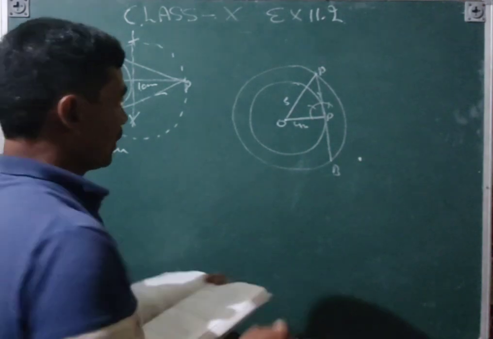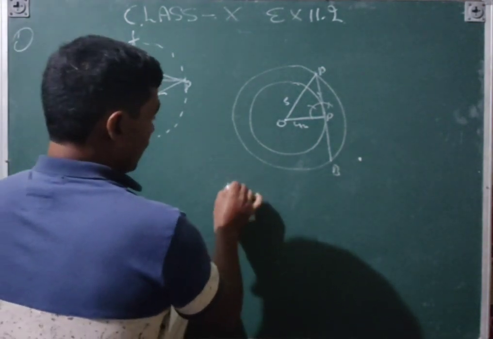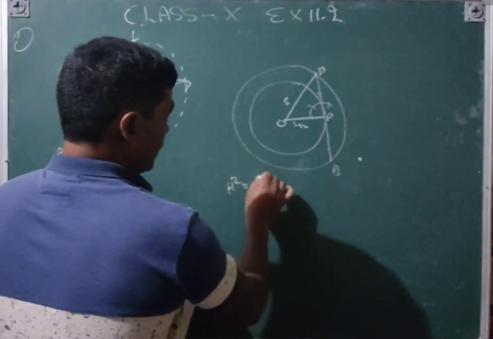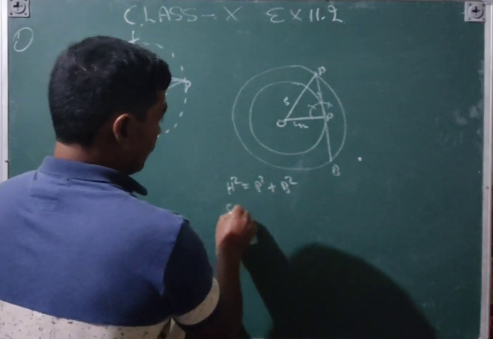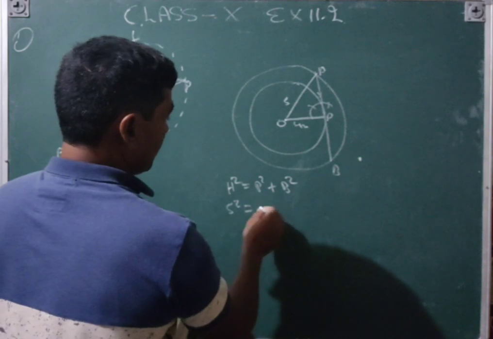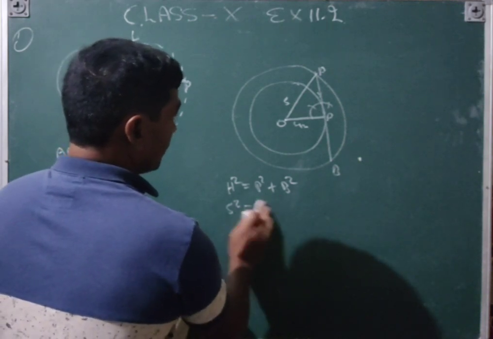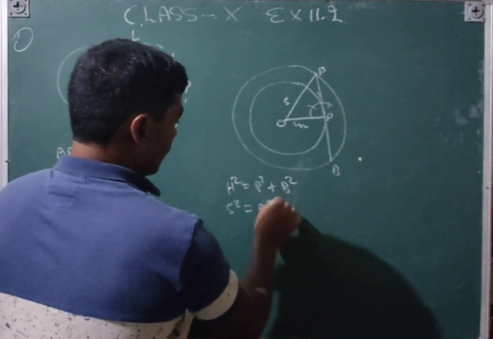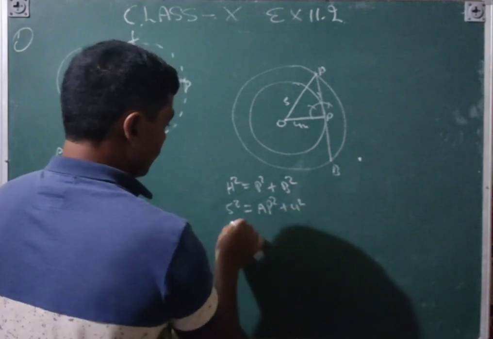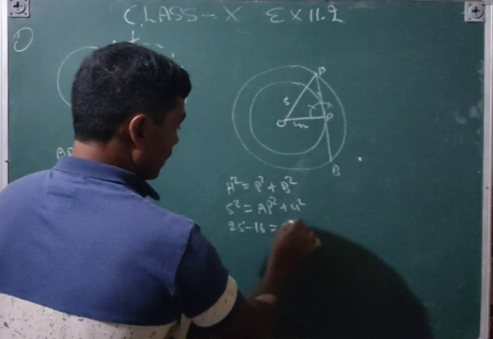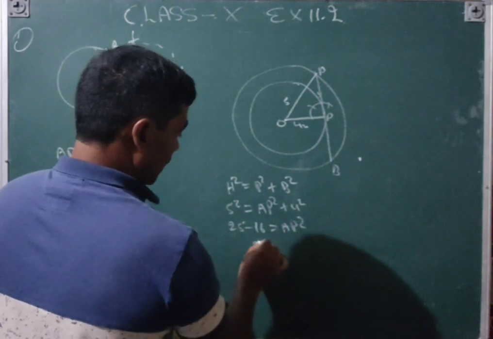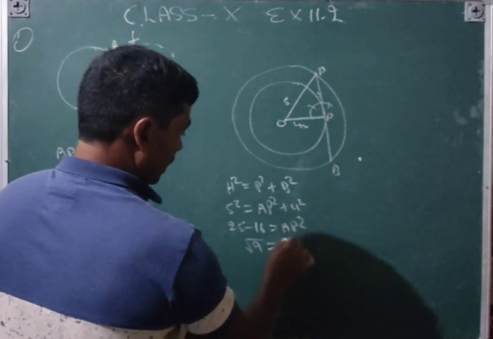H square is equal to P square plus B square. So H is 5, square is equal to, P means 4 centimeter. We can take AP square plus 4 square. So 25 minus 16 is equal to AP square. So that will be root 9, AP.